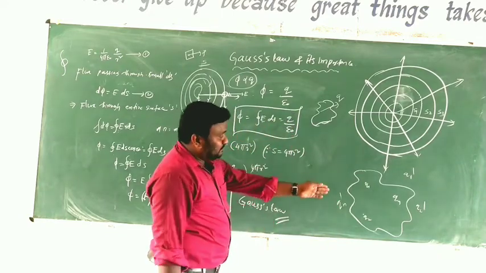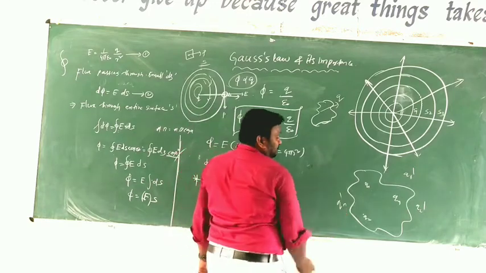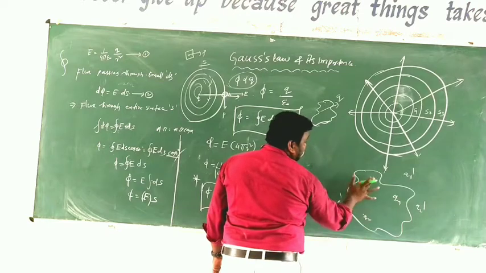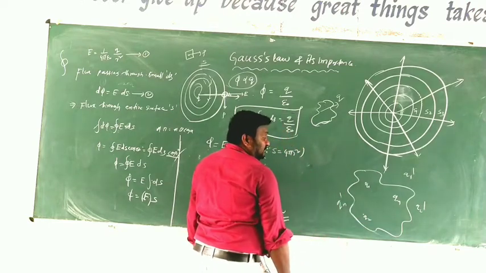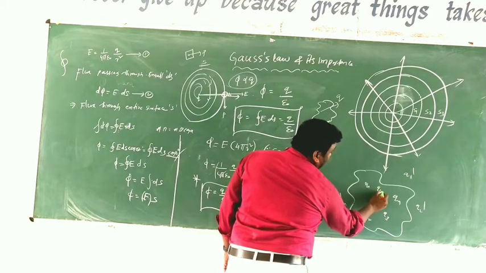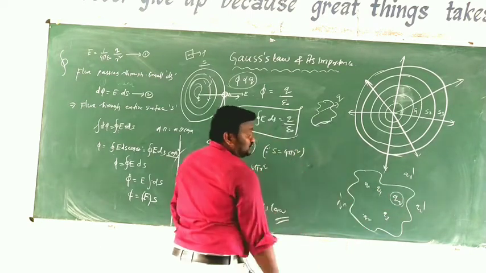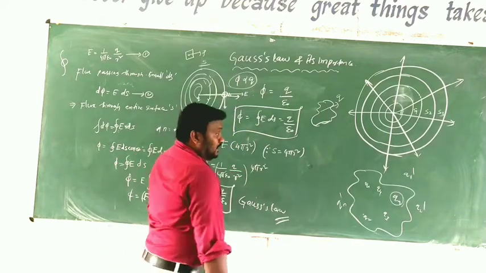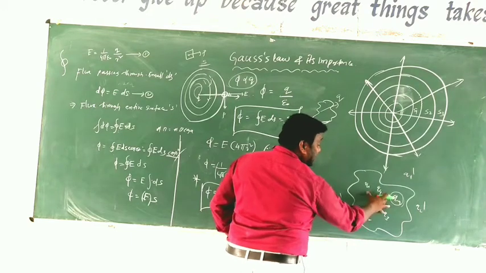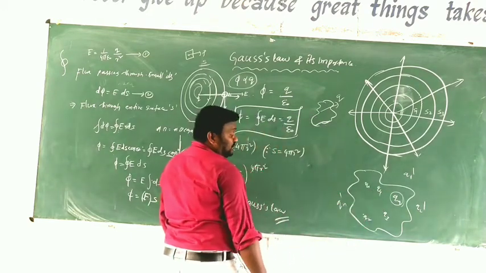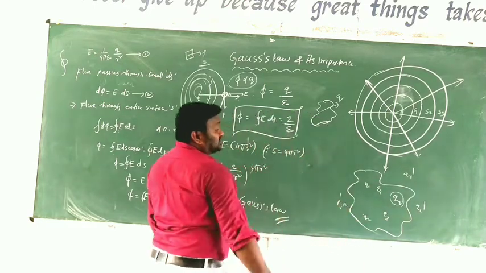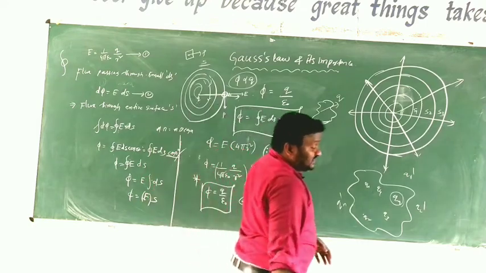And next, look at the second diagram. Here this is a closed sphere, a Gaussian surface. In that Gaussian surface, Q1, Q2, Q3, Q4 and so on up to Qn are inside the surface, and similarly Q1 dash, Q2 dash up to Qn dash are outside.